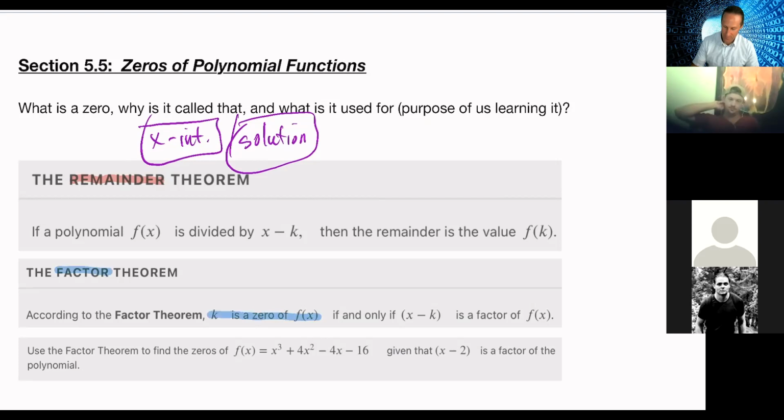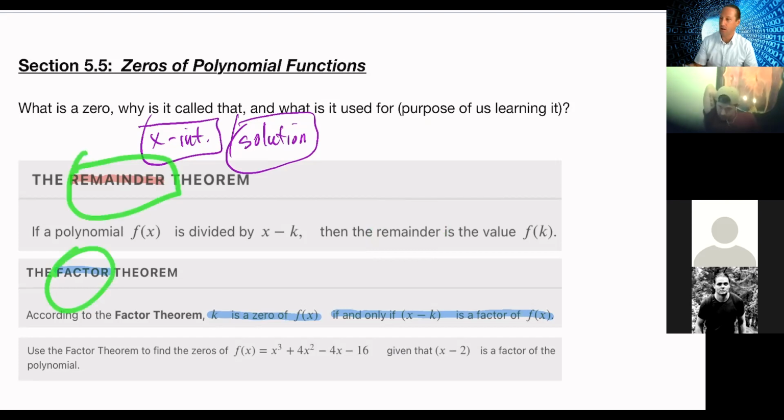It's a factor. Yep. That's the big difference between the two. This one says you can find any remainder, but this one says that if it is a 0, then it is a factor. So this one is more powerful, but this one more inclusive. Virtually saying the same thing.